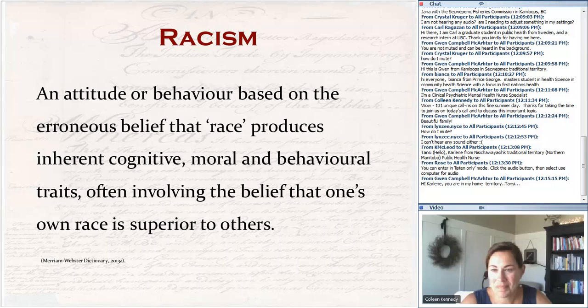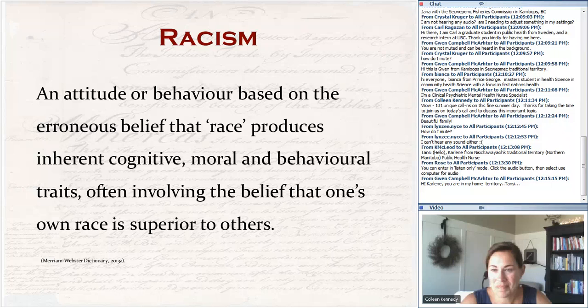In this case, it is the belief that race exists, that it's a real thing, and that we can tell things about people by their race. And in general, when we think about racism, those beliefs also have a hierarchy, which means people believe that some racialized groups are smarter, more moral, and the list goes on.